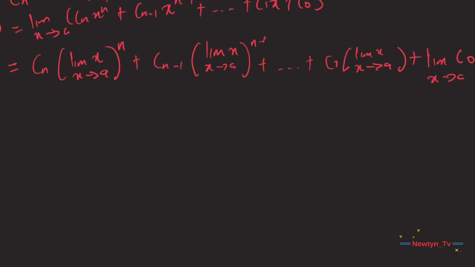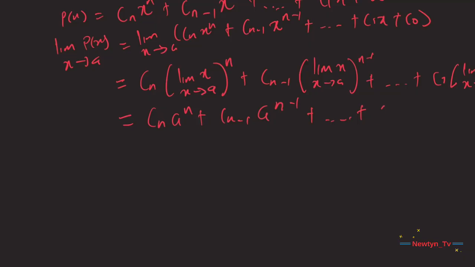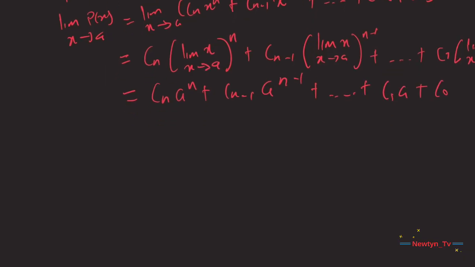When we simplify further, we get c_n a^n plus c_(n-1) a^(n-1) and so on, plus c1 a plus c0. Finally we come to p of a.